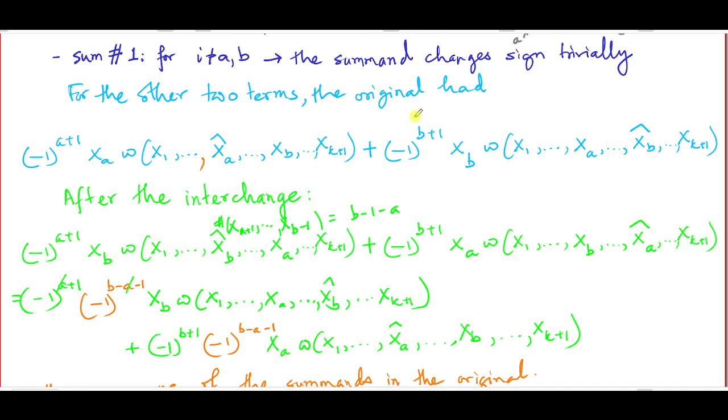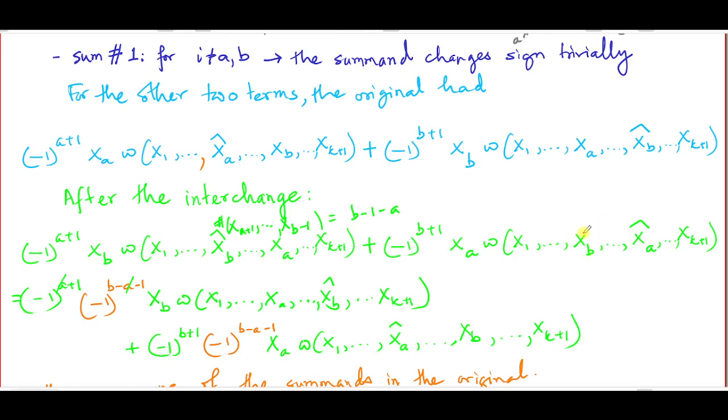A very similar thing happens for the other term. Here, after the interchange, you have got xb here, whereas you really want an xa in this location. Or rather, you want the xb here, and this is where the missing xa should have gone.